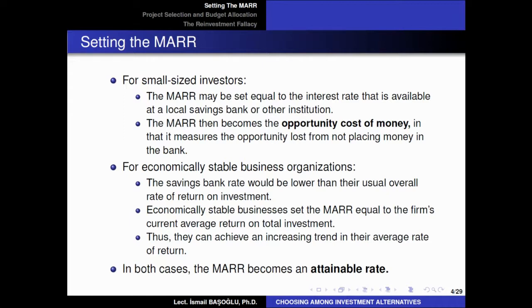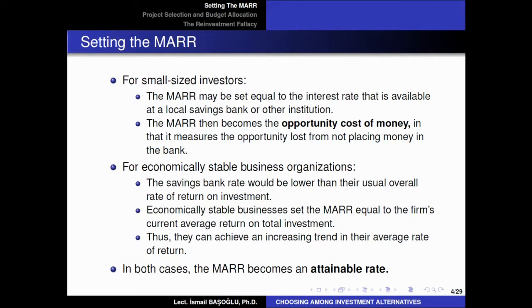Now, for economically stable business organizations, you know that taking a loan from the bank is not the only way to raise capital. You can also sell corporate bonds or corporate stocks. And the savings bank rate would be lower than the usual overall rate of return on investment. So for economically stable business organizations, we usually see that the investments they make in projects have a higher rate of return than the interest rate offered by the savings bank.